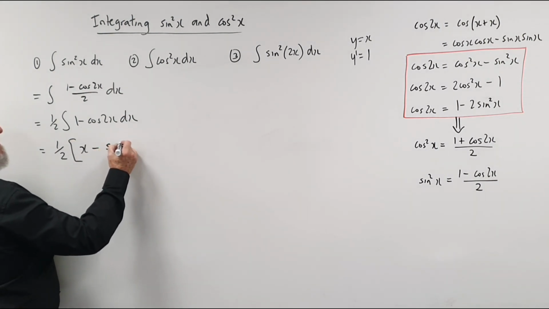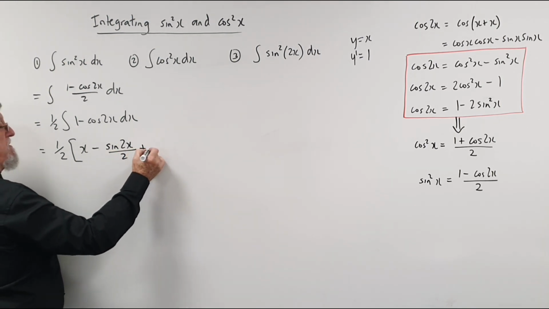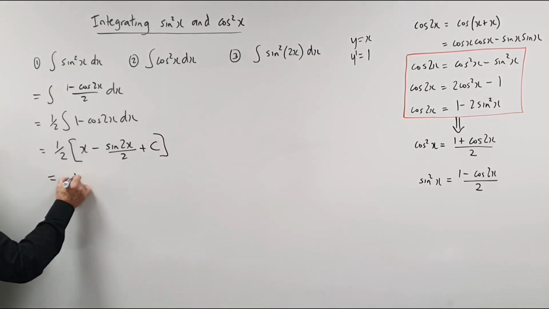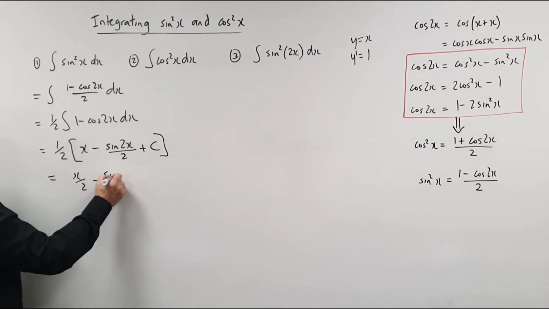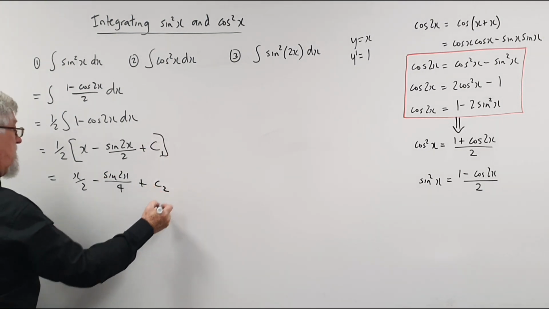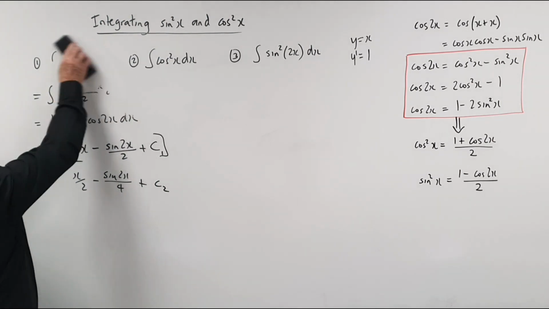Sine. Yeah. Divided by 2, plus c. So our answer is just x on 2 minus sine 2x on 4 plus a constant. If I call that constant 1, I could call that constant 2. Questions? Now, some of that won't sink in until we do the next question.